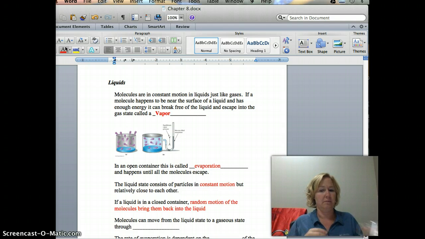Evaporation is happening right now. Some of these are going, oh, I'm out, I'm free, and they're in the air. But if I put on the lid, I'm trapping them in here. And if I come back on Monday, my water will still be in my beaker coffee cup.